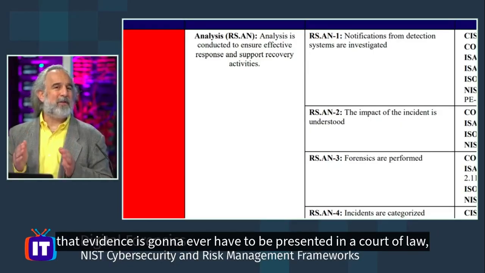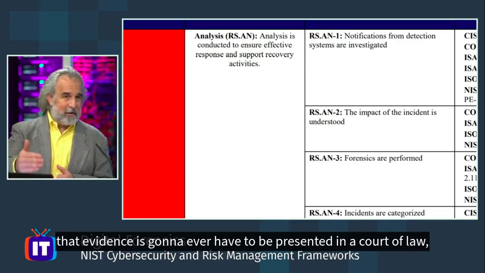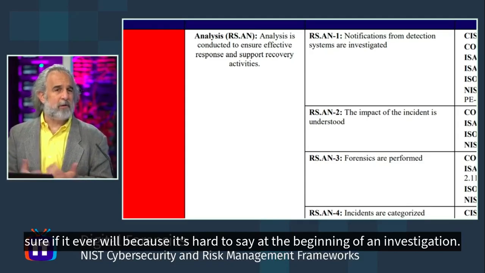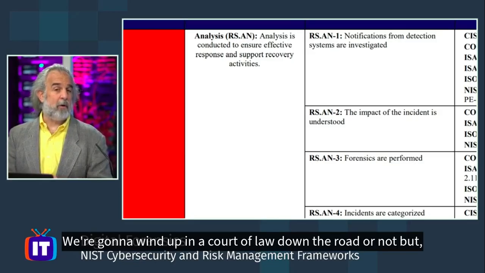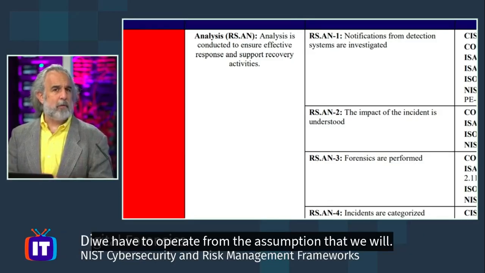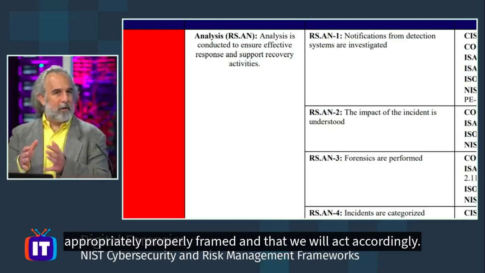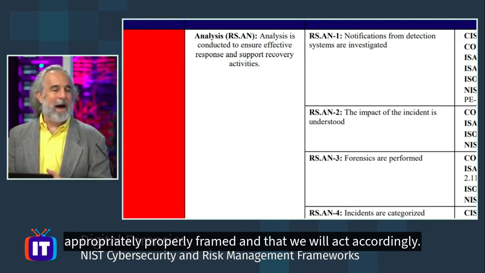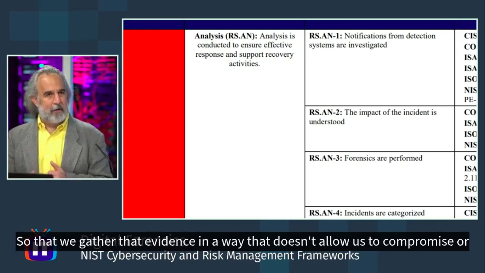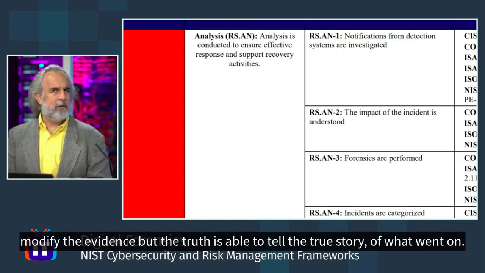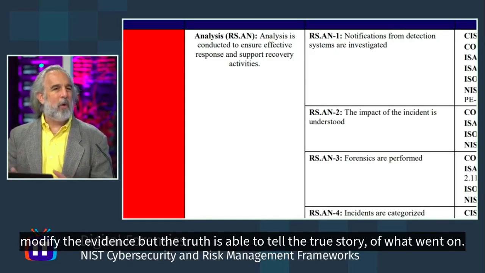If that evidence ever has to be presented in a court of law, and it's hard to say at the beginning of an investigation whether we'll wind up there, we have to operate from the assumption that we will. So all our activities will be properly executed and framed, so that we gather evidence in a way that doesn't compromise or modify it, and it can tell the true story of what went on.